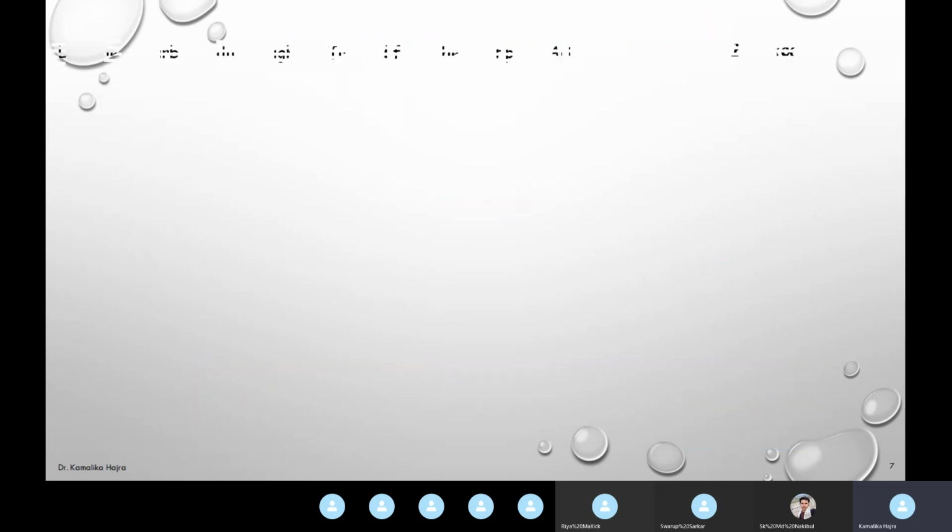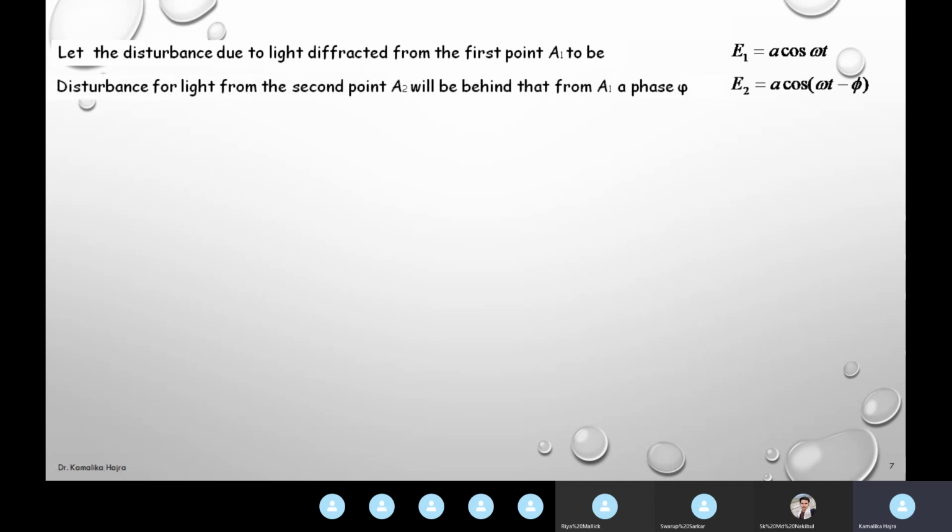So now suppose the disturbance due to light diffracted from the first point A1 is E1 equal to A cos omega t. Disturbance for light from the second point A2 will be behind that from A1 by a phase phi. So it will be A cos omega t minus phi.